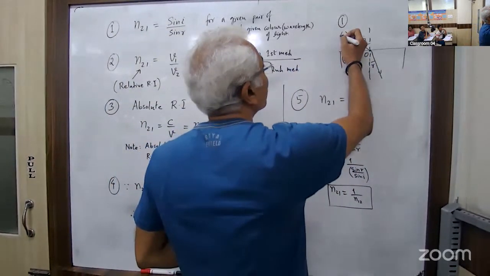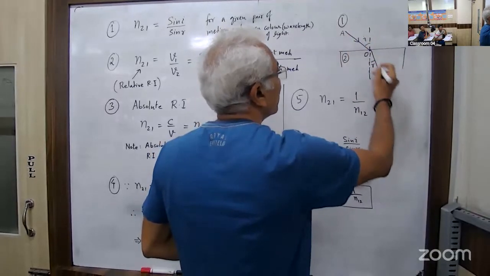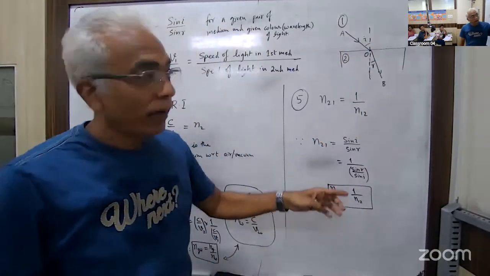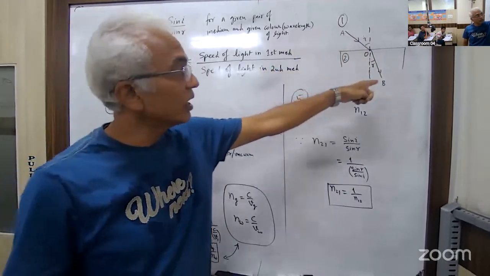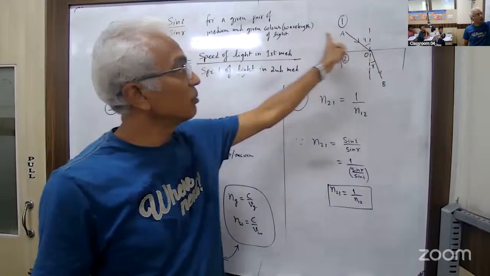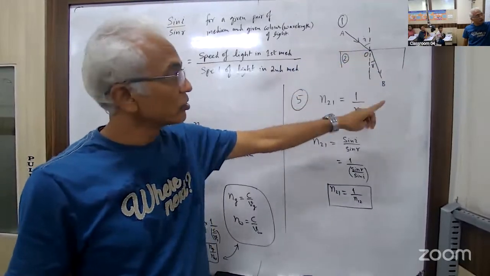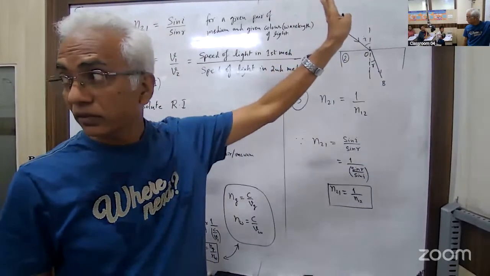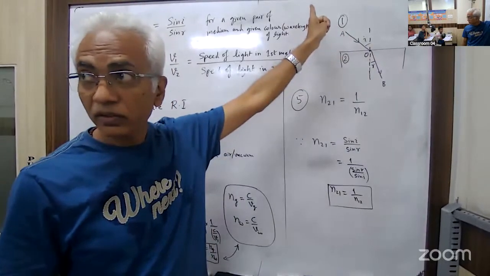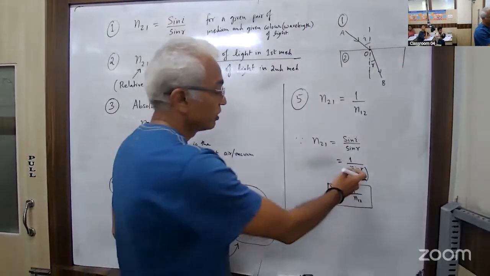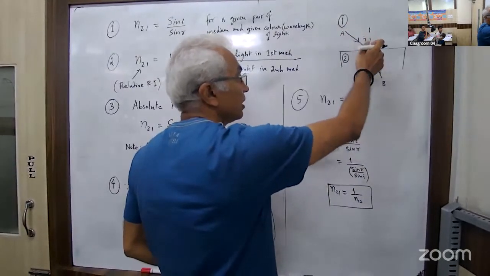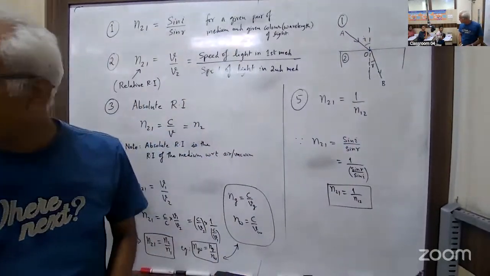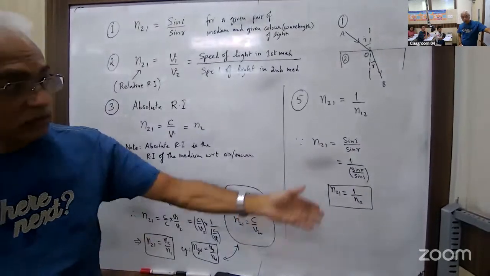Right now I came from A, O, B. But if I now go from here to here, the light would come out with angle i. So if I reverse the path of light, it will retrace the path. So then what will it be? It will be N12, isn't it? At this point, that's what it is.